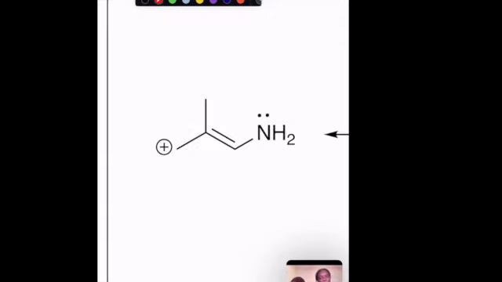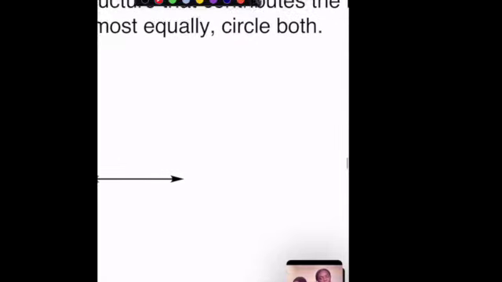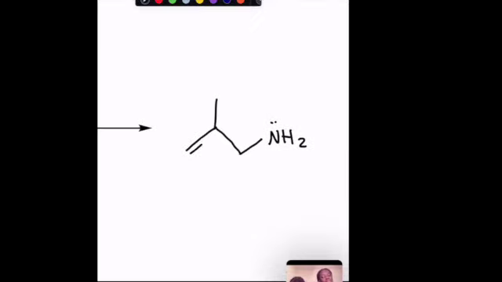This one can just switch right on over to right here, and that'll end up looking like so. Don't forget your lone pairs. We have a bond right here, and then, as we said, that will door hinge right here. But remember that there's a positive charge on this other carbon, and that will be your first resonance structure.